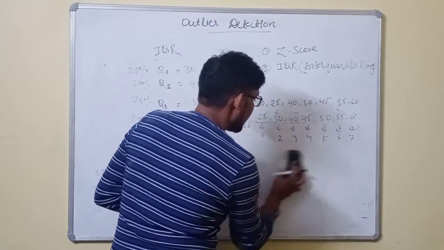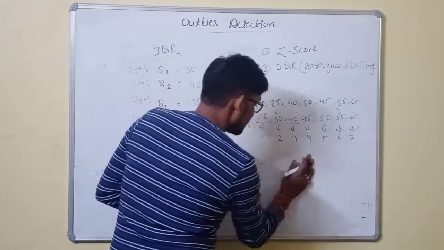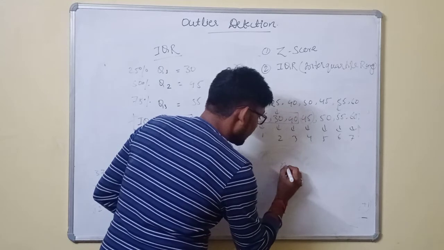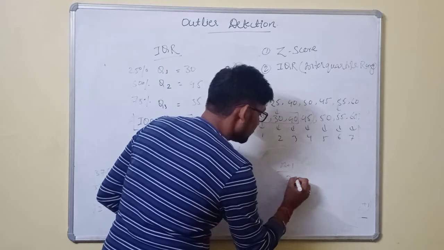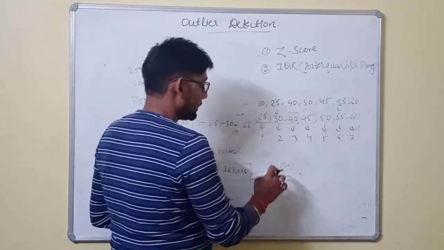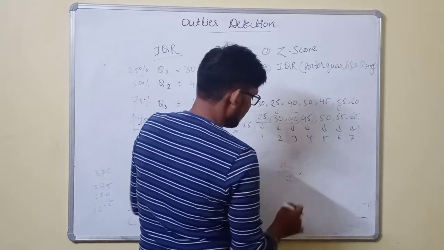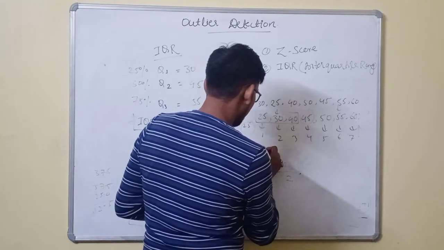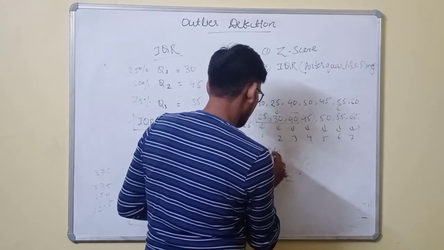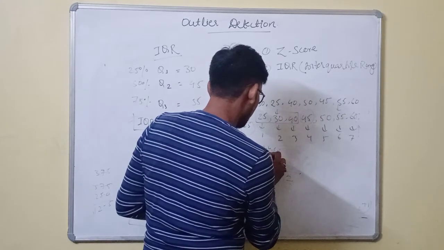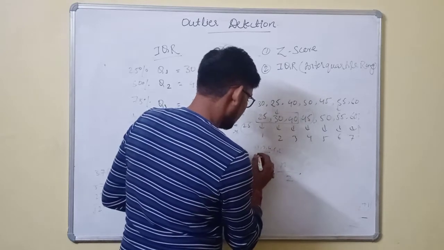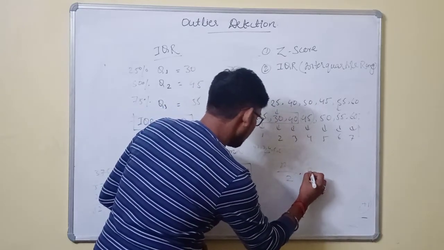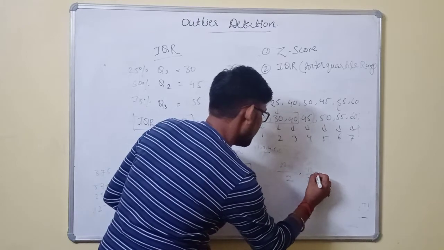What happens if we have an even number of values? In that case we have the formulas n by 2 and n by 2 plus 1.